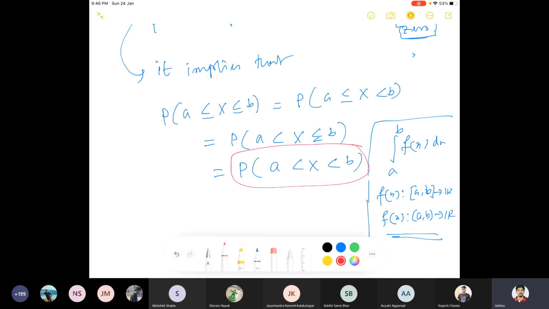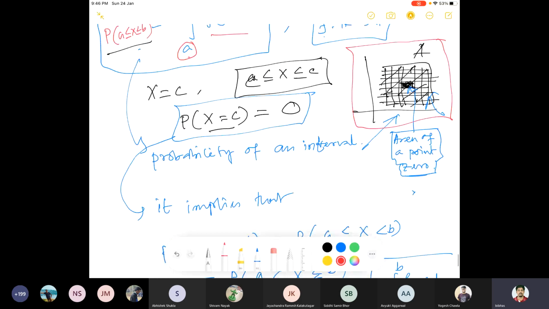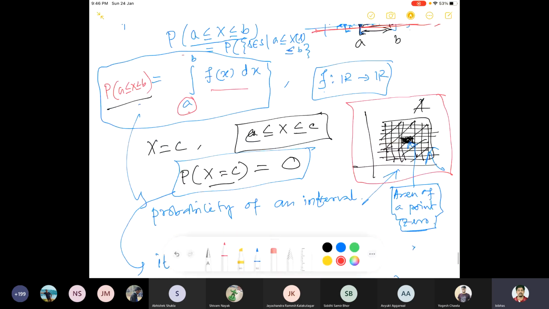Now the question is, here you see, earlier I had a very concrete definition of small fx, that fx equal to probability of capital X equal to small x. But here we don't have this. Here we are defining the density function in a reverse way. Earlier we had probability of capital X equal to small x, which is equal to f of x, the probability mass function.